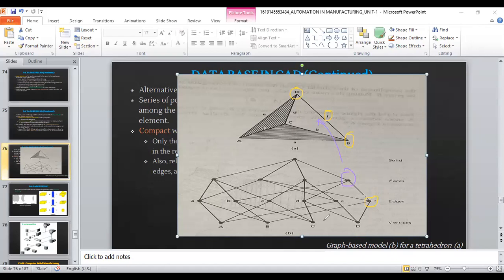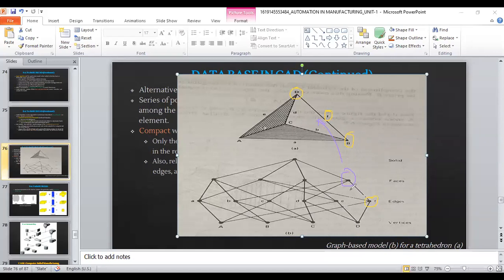So right from the foundation up until you have that final solid, you have vertices. With the help of vertices, you create edges. Edges create faces, and faces form a solid. Okay. So that's how it is stored.